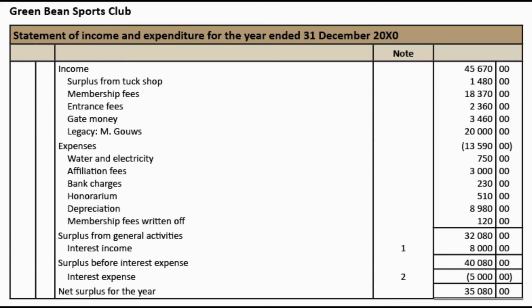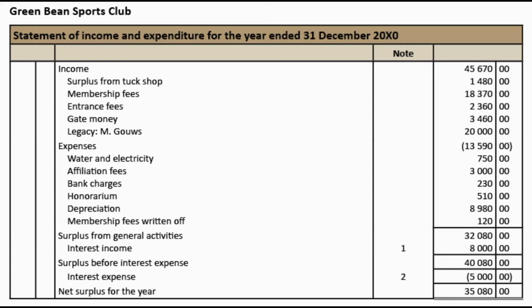Okay, and then we get depreciation. That is why I said you must open your nominal accounts, those that have been affected by adjustments. Otherwise, you can easily forget about an entry or an account like depreciation. I'm sure if you haven't opened this account, you would have forgotten about the depreciation. All right, but you open that account so you won't forget it. It's 8980.